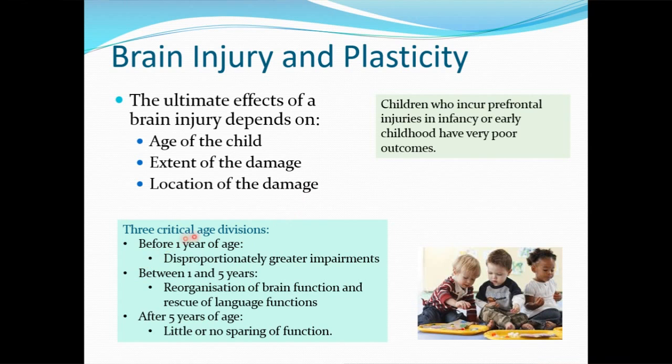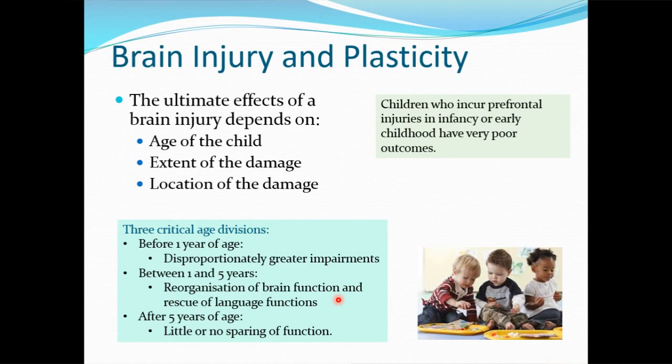And there are 3 critical age divisions. Before 1 year of age, a child who has a brain injury has disproportionately greater impairments. So it's a very bad time to have a brain injury if you're younger than 1 year old. But between 1 year and 5 years, that's when the brain has the most plasticity.